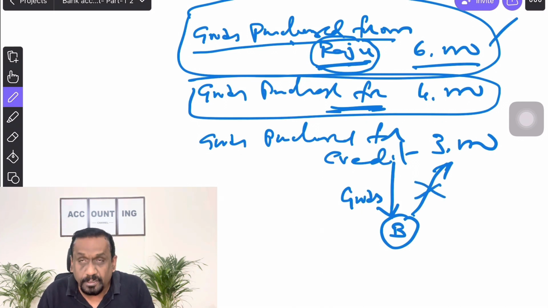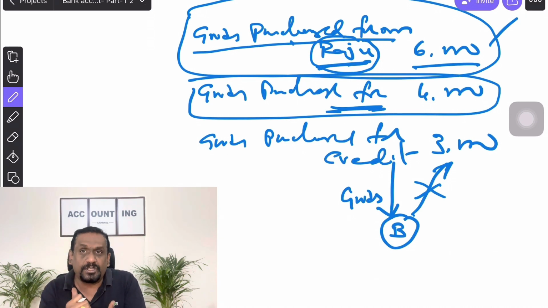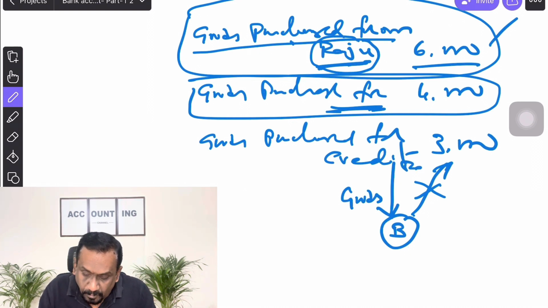So nothing goes out. If nothing goes out, the next question is, who is the giver of the goods? Please remember, guys. Goods are coming, nothing is going out. If nothing is going out, the next question should be, who is the giver of the goods? Who is the giver? Raju. So, Raju you need to consider.